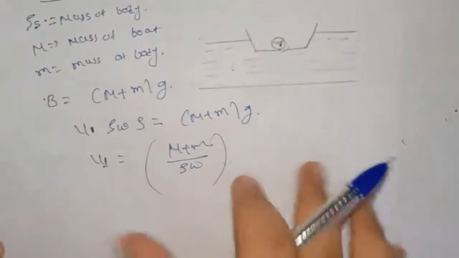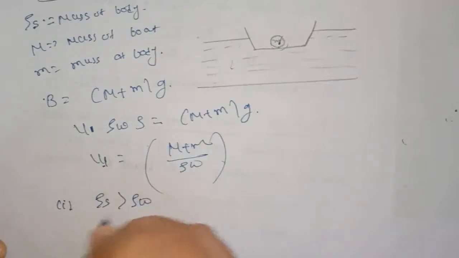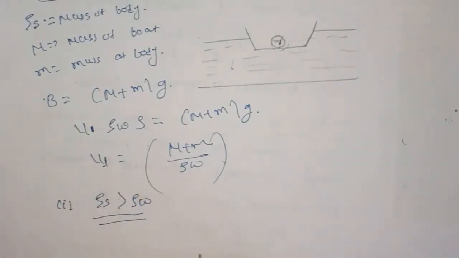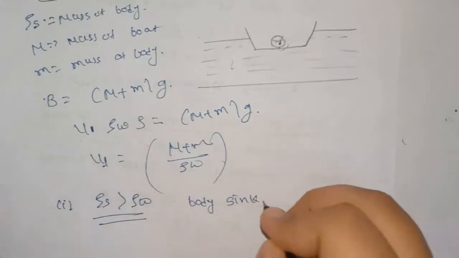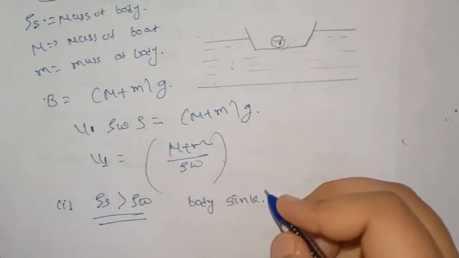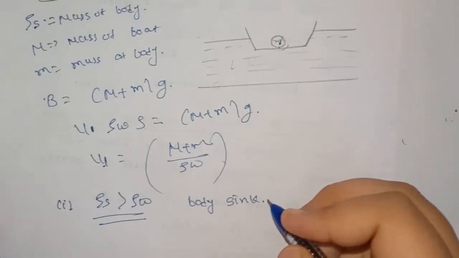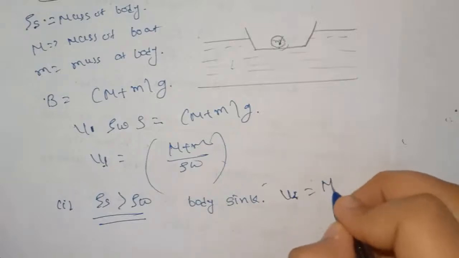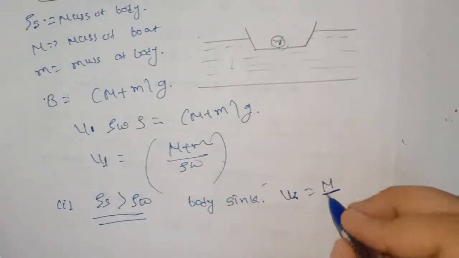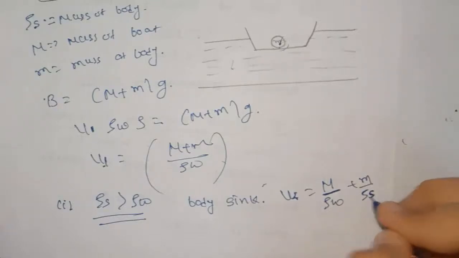Now if it is given that density of solid is greater than density of water, then the body will sink once we drop it from the boat and displaces a volume of water equal to its own volume. So volume of water displaced will be equal to m by density of water plus m by density of solid.